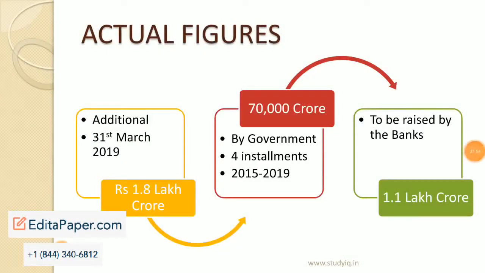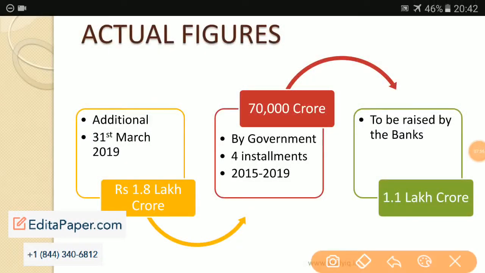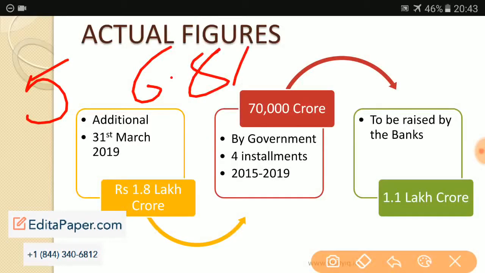Now the actual figures are obviously something different. Currently let us assume a crude figure: 5 lakh crore is our capital base, and we need to take it to 6.8 lakh crores.